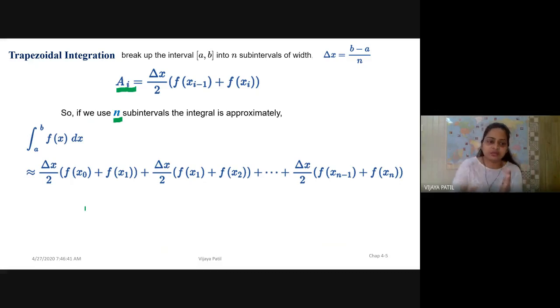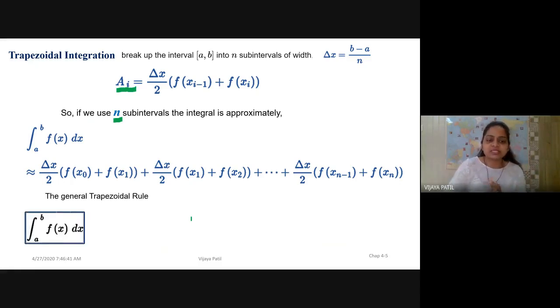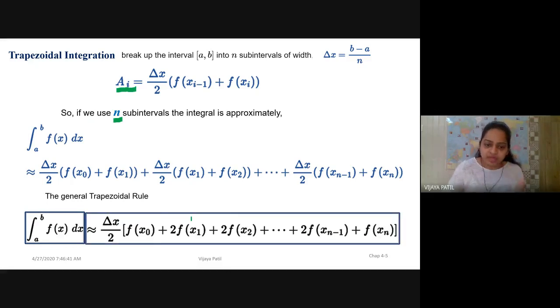What are they? This delta x by 2 into f of x1, delta x by 2 into this. So this f of x1 will come out and you will get the formula of the general trapezoidal rule as this, where my endpoints will have the coefficients as 1 over here.